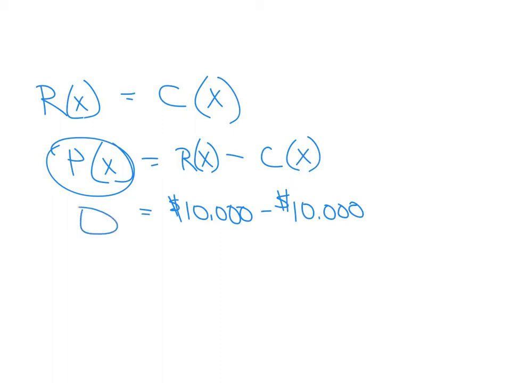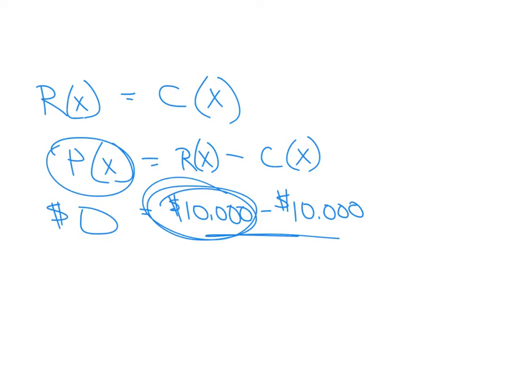We made $0 off that product, but we didn't lose any money either. We broke even. So when the revenue and the cost are the same, then we can say that we broke even. And from then on, as our revenue goes up, hopefully we'll make more and more profit.